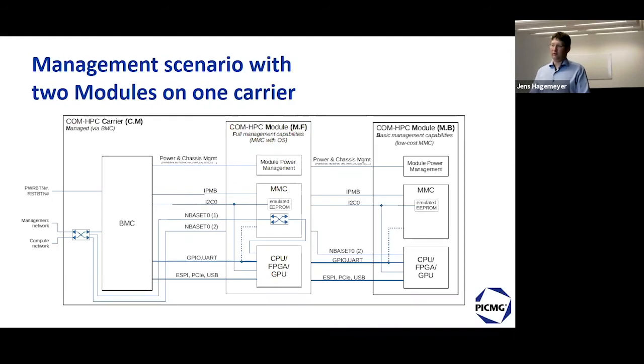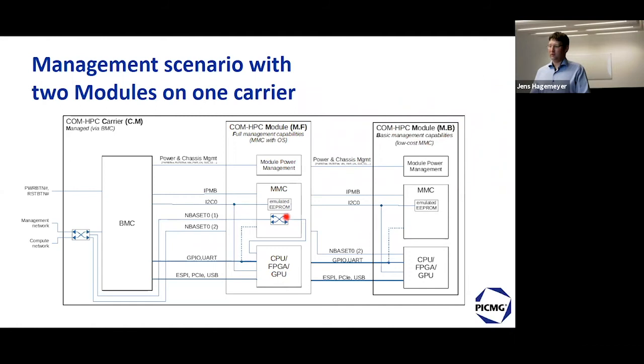Here we are seeing a scenario with 2 modules on one carrier. We have the managed carrier as before, with the BMC included. We have a module including the full management capabilities, as well as a module that has basic management capabilities.